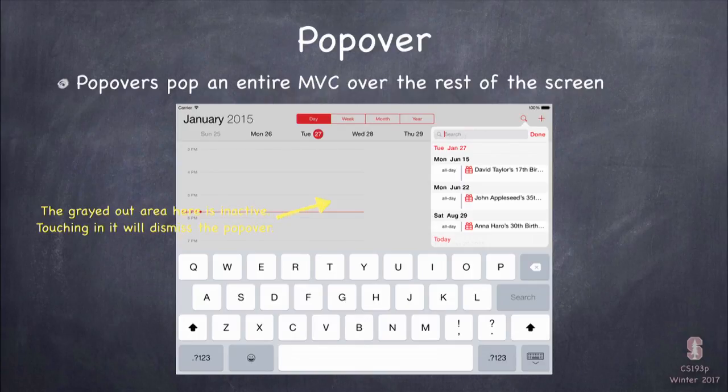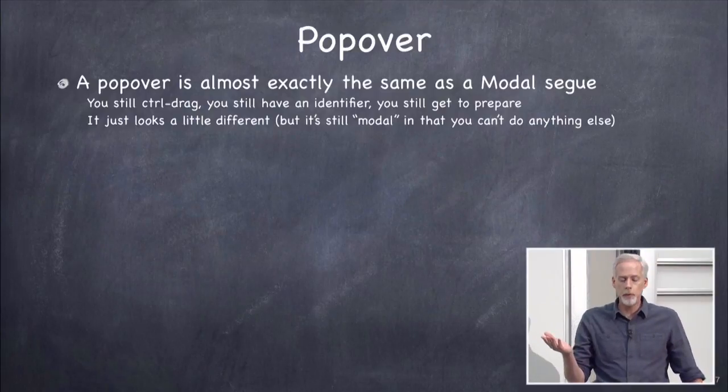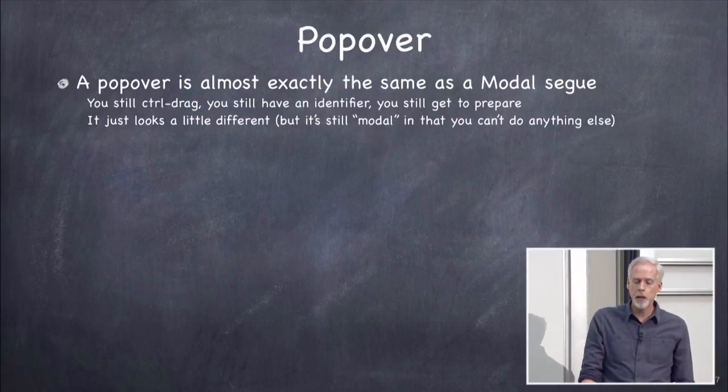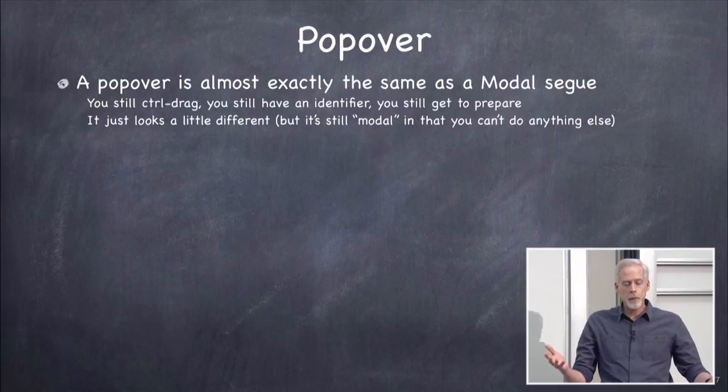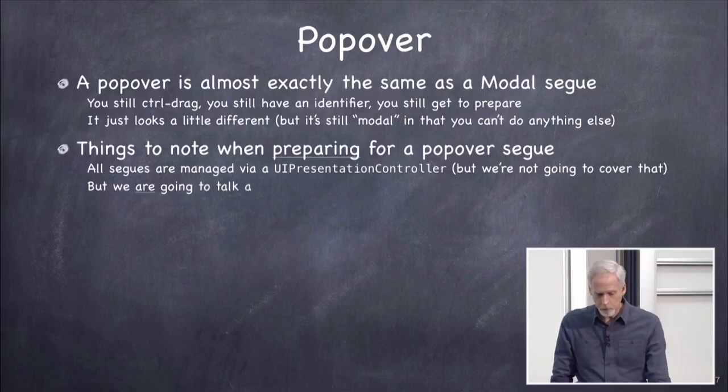Okay, you've probably noticed this from using various iPad apps. By the way, the popover, mostly iPad only, but not always. You can actually do popovers on the iPhone. I'll talk a little bit about that as well. So yeah, popover, just like modal, you control drag. You're just going to set its type to be popover instead of present modal.